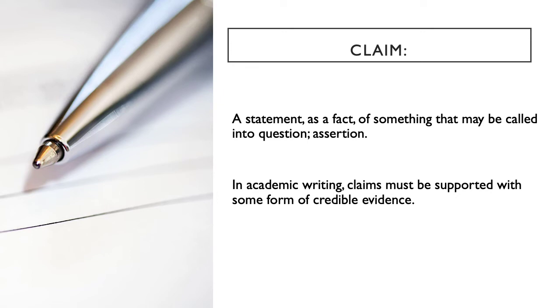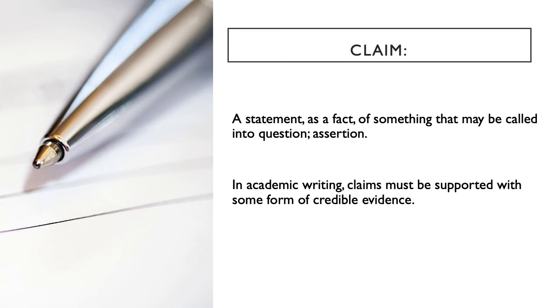The word claim has a lot of different definitions, but for our purposes, it's just a statement. It's a fact. It's not an opinion. It's something that we are asserting that can be supported with credible evidence.